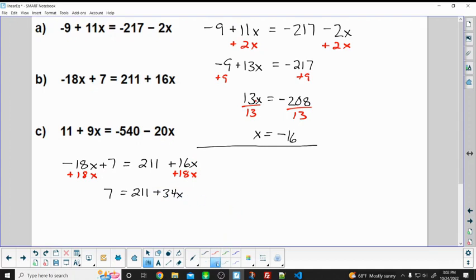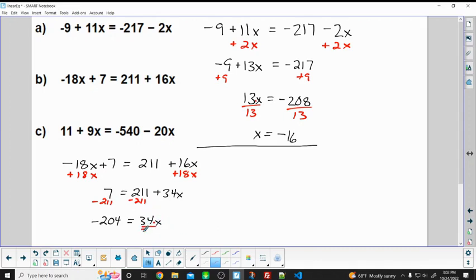All right, so the next thing I want to do is get rid of this 211 on this right side. So I'm going to subtract the 211. And we're going to have 7 minus 211. That's going to leave me with negative 204. So that's negative 204 equal to 34x. And I need to get rid of this multiplication of 34.